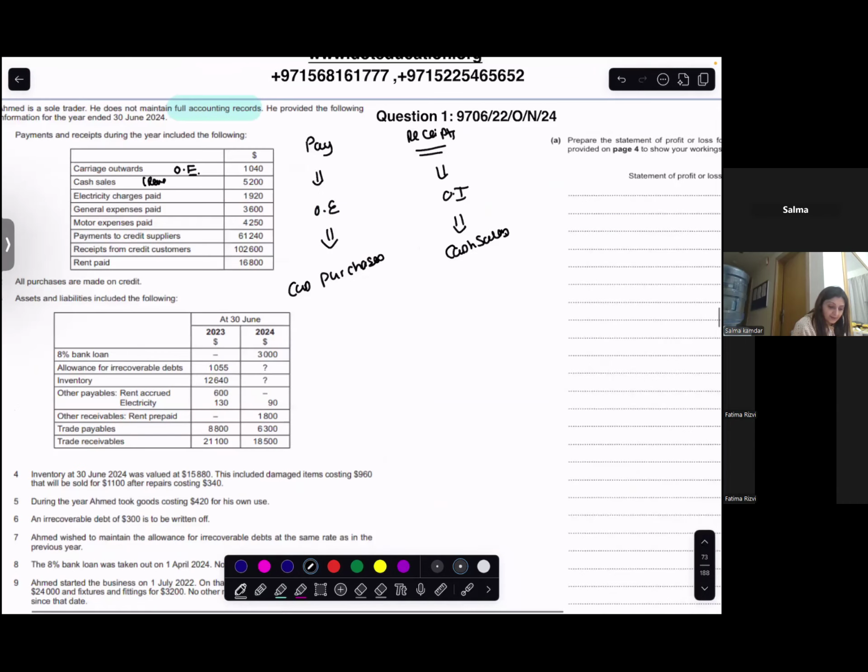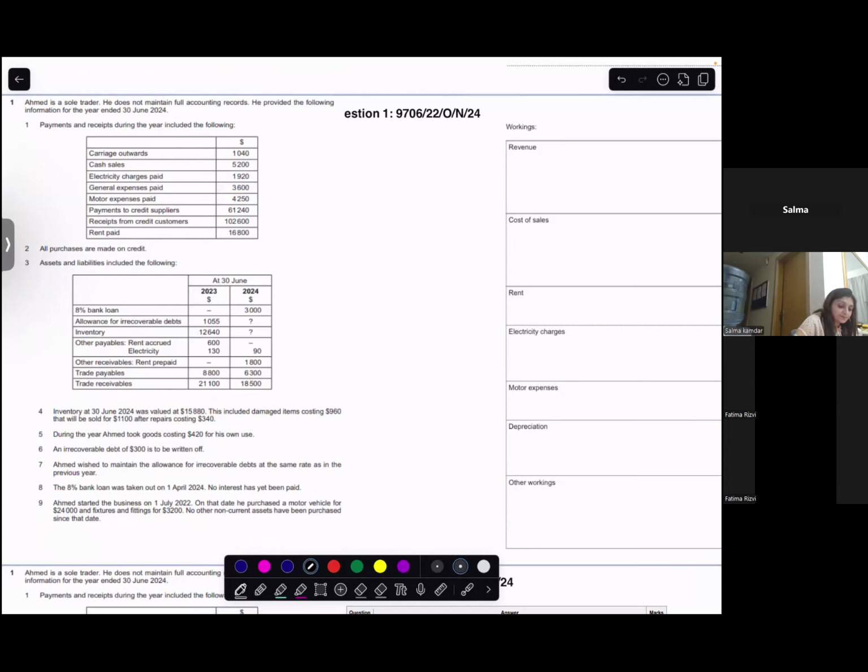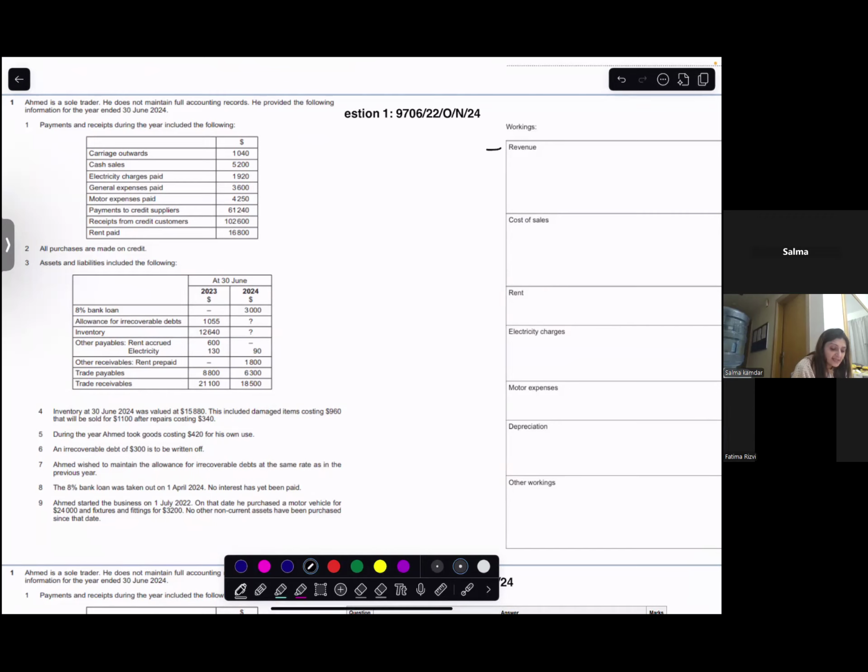When I see over here, they have told us that the working is for revenue, cost of sales, rent, electricity charges, motor expenses, and depreciation. So keep that in mind. Carriage outward is other expenses, and cash sales would be a part of the revenue. So I am writing cash sales and I'm writing 5,200. I have put it as I saw in my working.